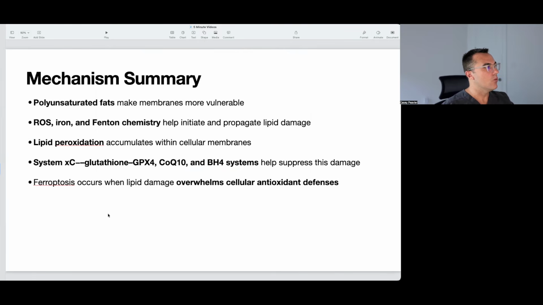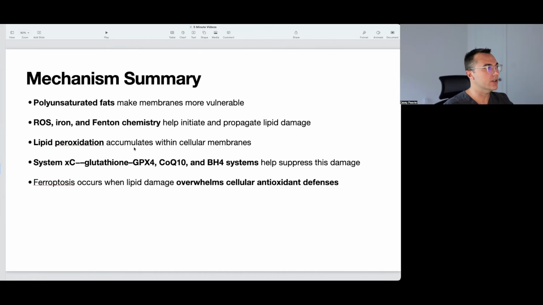So what we're left with, what ferroptosis actually is, is an iron-dependent cell death. And we need a combination of polyunsaturated fatty acids, which makes the membranes more vulnerable to peroxidation, ROS, iron, and the Fenton reaction, which help initiate and propagate lipid damage. And then the lipid damage is called lipid peroxidation.